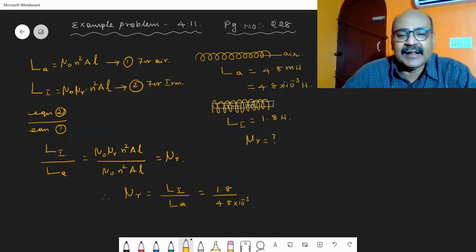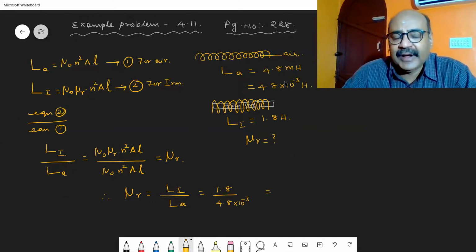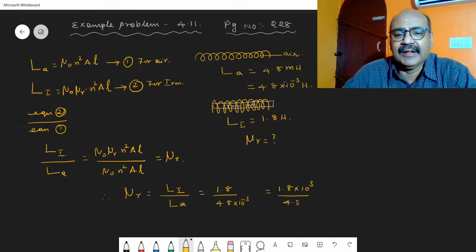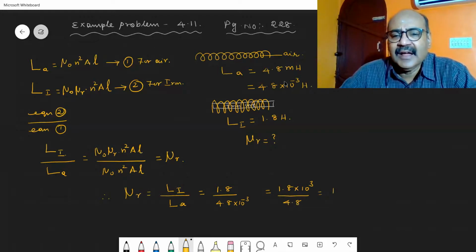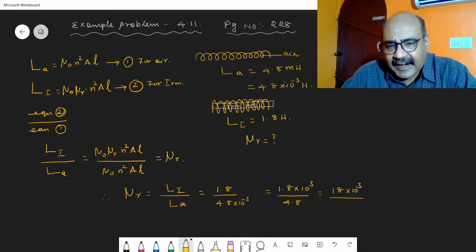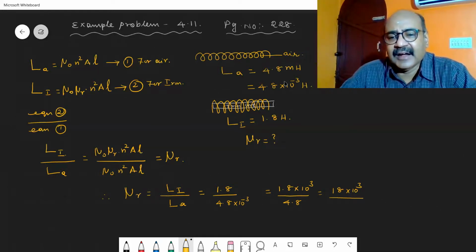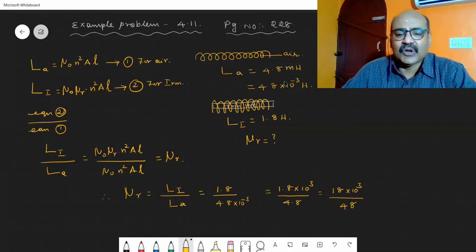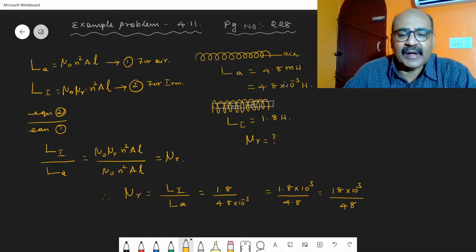Taking it to the numerator, I can write this as 1.8 into 10 to the power of 3 divided by 4.8. Or you can write like this, 18 into 10 to the power of 3 divided by 48. So on simplifying, you can get the answer as mu R is equal to 375.